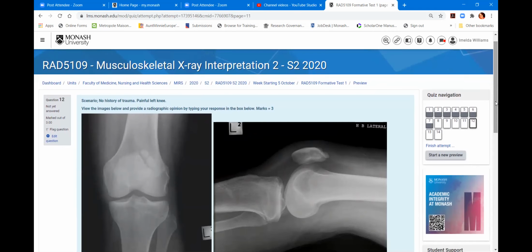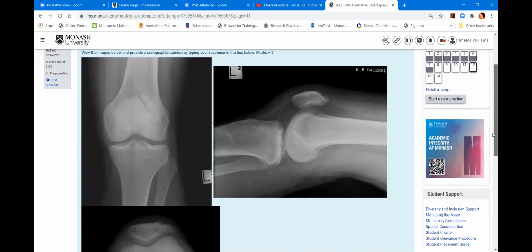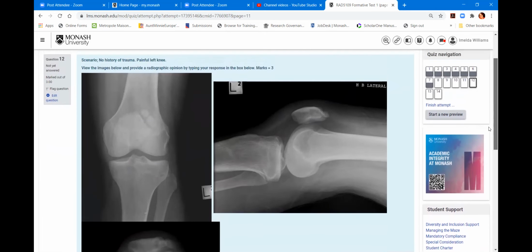So for scenario 5, this patient did not have a history of trauma, however has a very painful knee. There are 3 images available to look at. When we look at these, that looks like avulsion fractures.